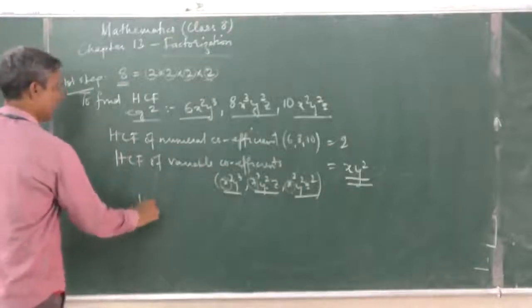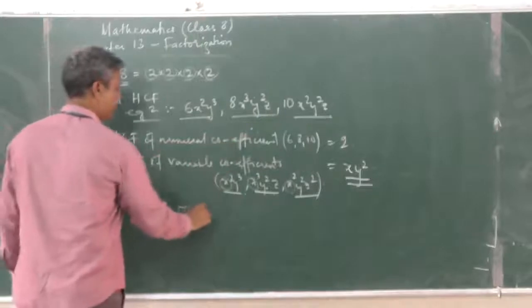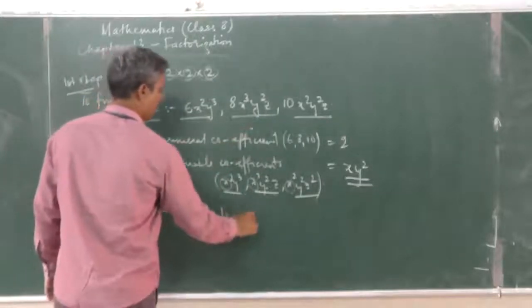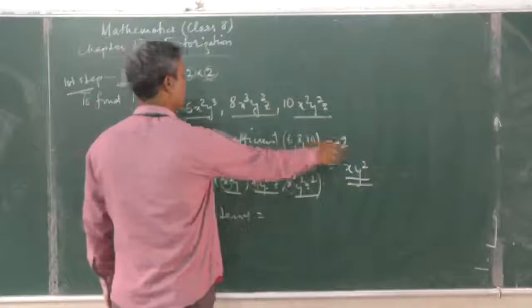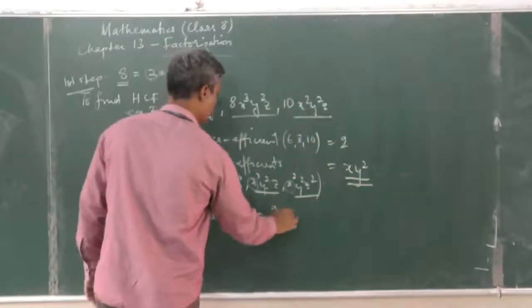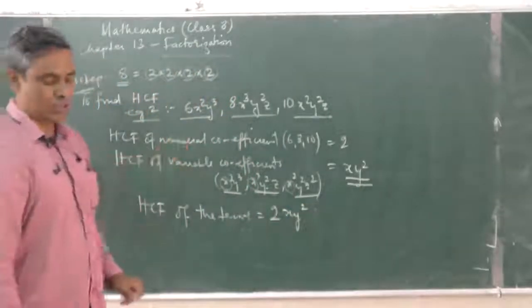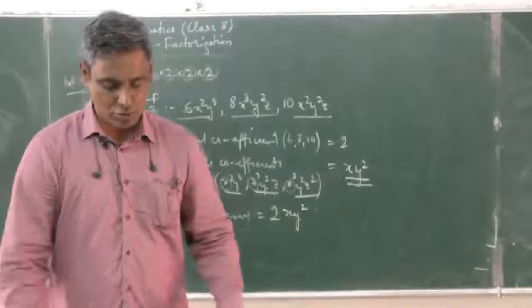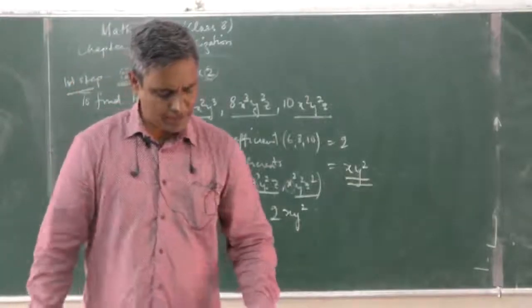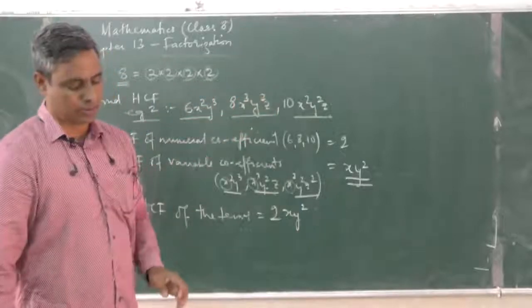Again, the HCF of the terms, taking the numeral coefficient and the variable part together, is 2xy square. So this method is very important. First you should know how to find the HCF of the algebraic terms.